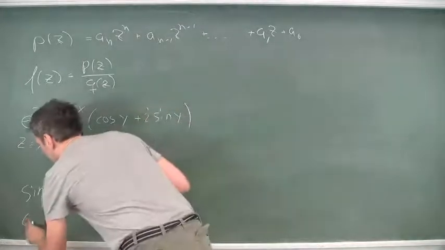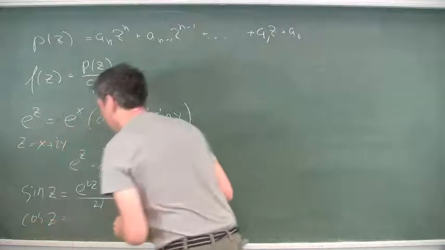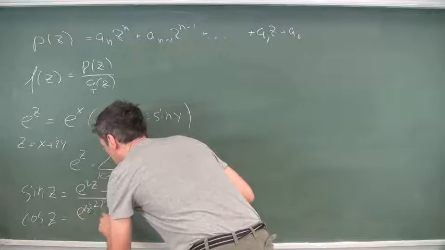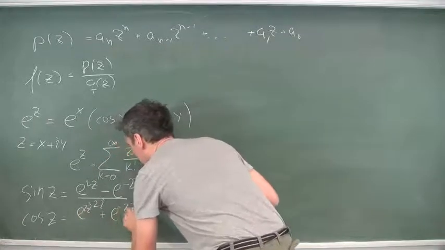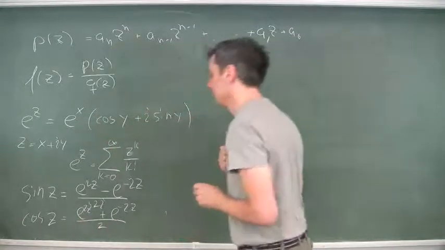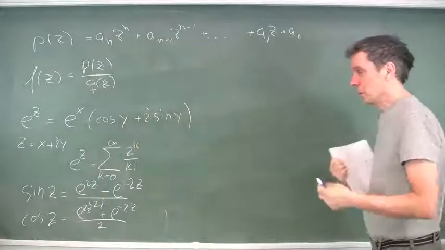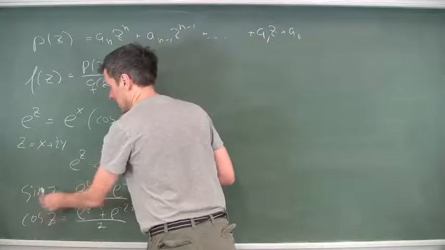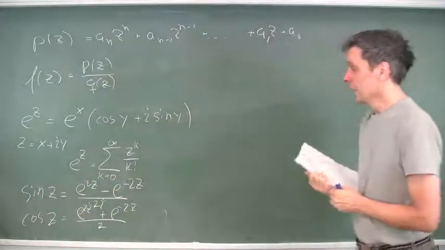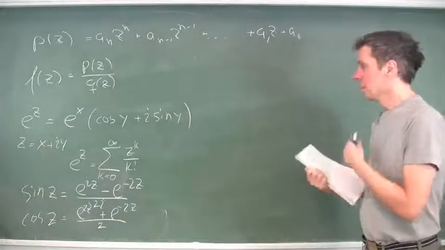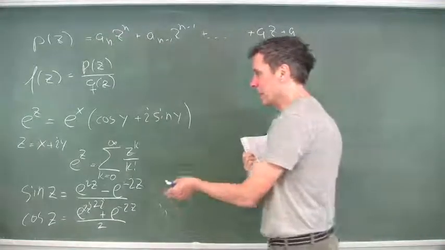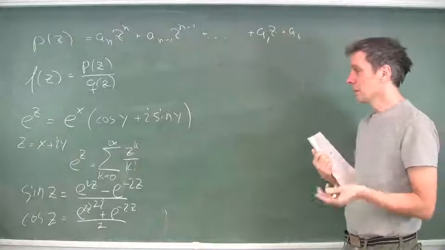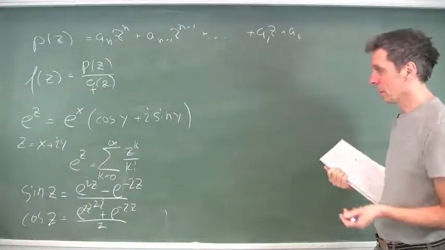And the complex cosine function is similarly defined as e to the iz plus e to the minus iz, and then divided by 2. And then you can, of course, go on to define the complex tangent function as a quotient of this, and so on. And so far, these are all quite natural and simple complex functions which are analytic then.